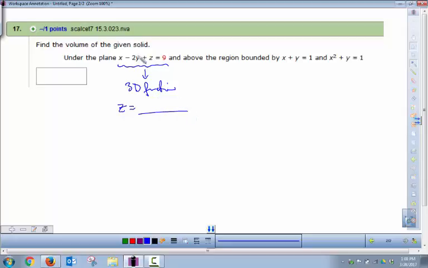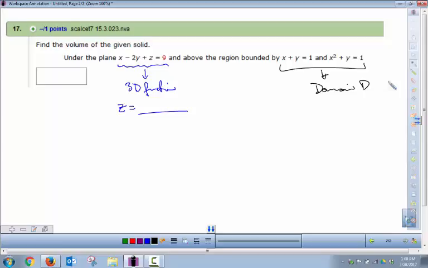For the 3D function, if it's not already solved for z, you would just solve for z. Then you have z equals f of x, y, a function of just x and y. Hopefully it's also clear that this is your domain, the D that you're going to be integrating over.